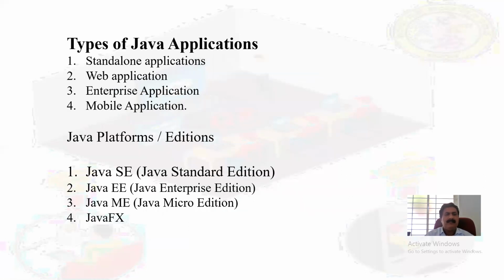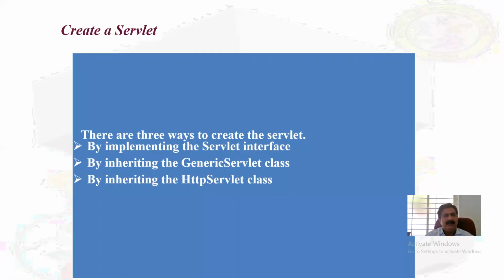Types of Java application: standalone application, web application, enterprise application, mobile application. Java platform editions: Java SE, that is standard edition, Java EE, enterprise edition, Java ME, micro edition, and JavaFX. Let us see the servlet.